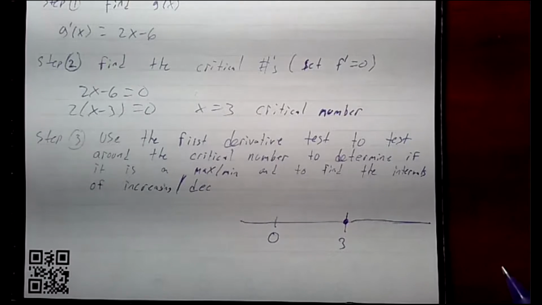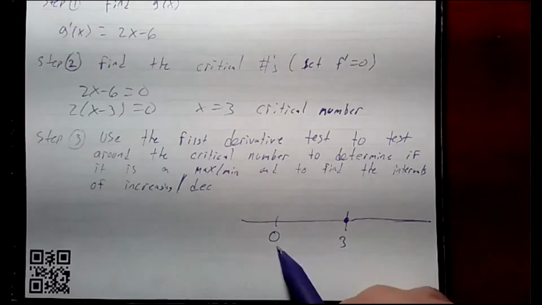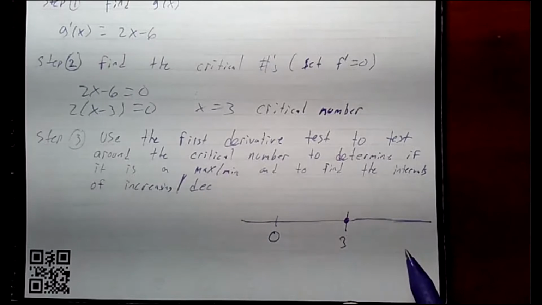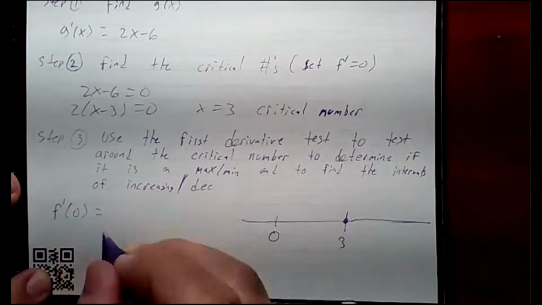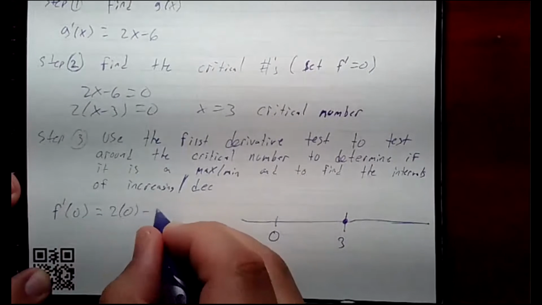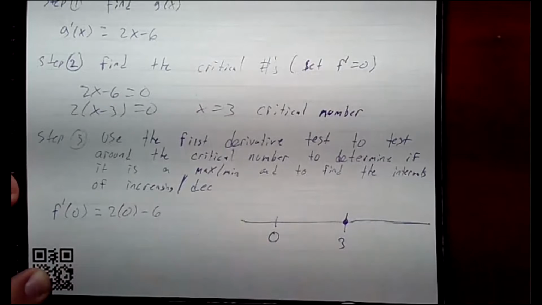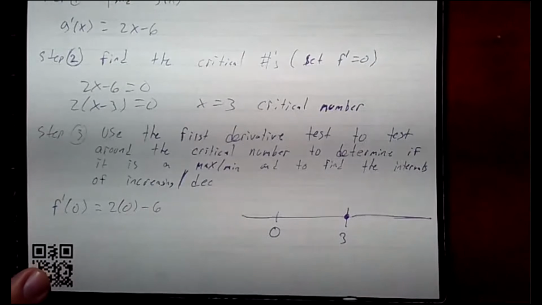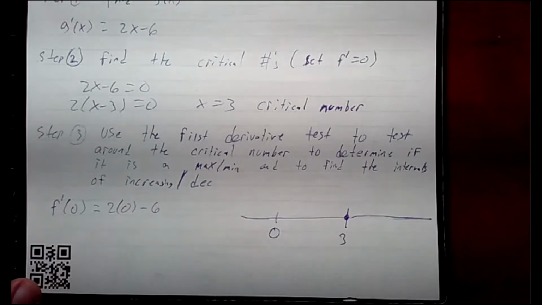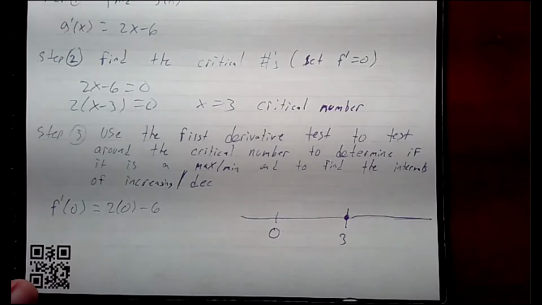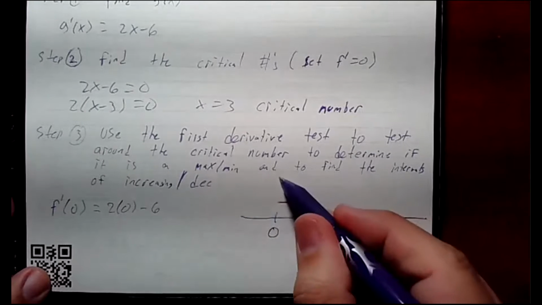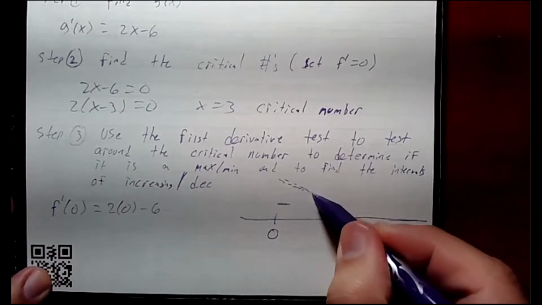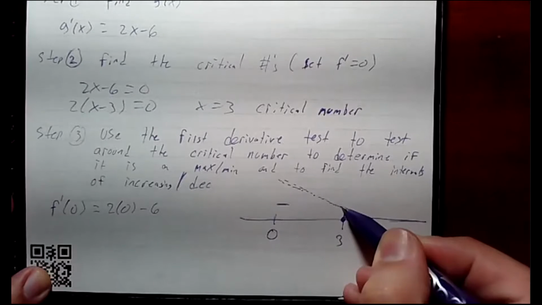So plug in 0 into the derivative. What do you get? Is it negative or positive? Negative, right? So that tells us that we are decreasing all the way up until this point.